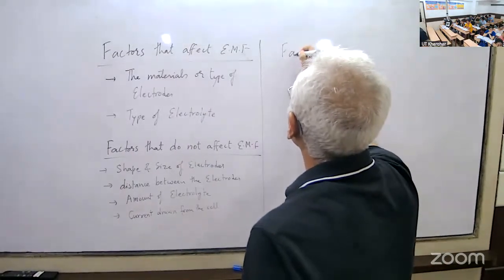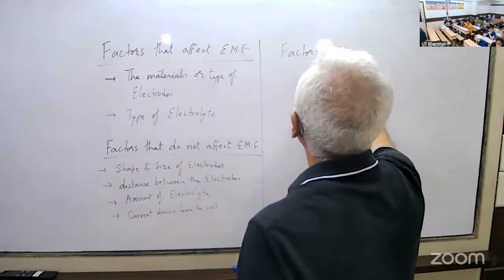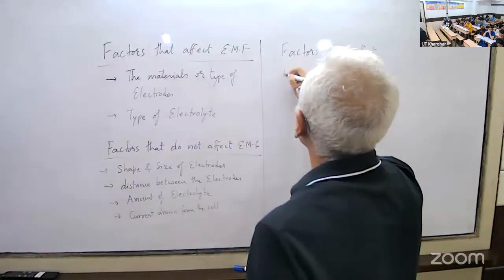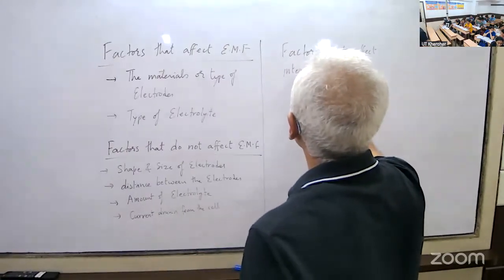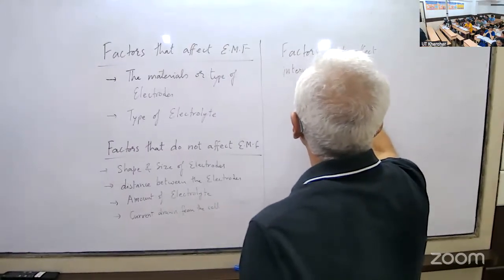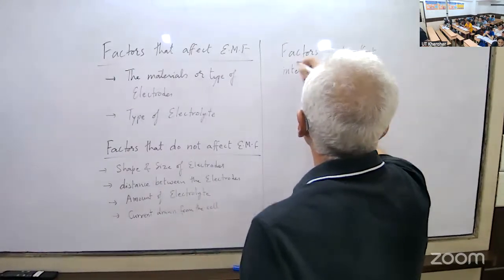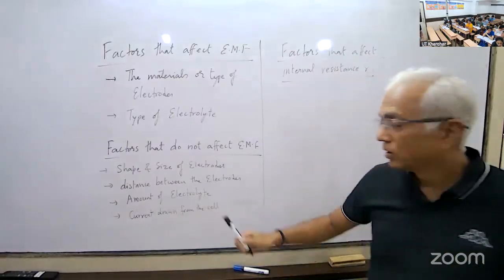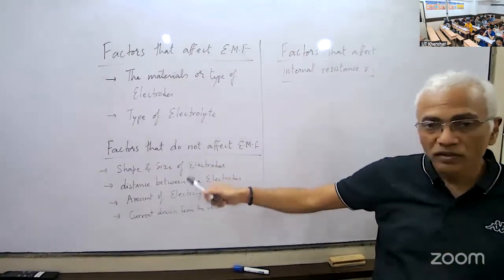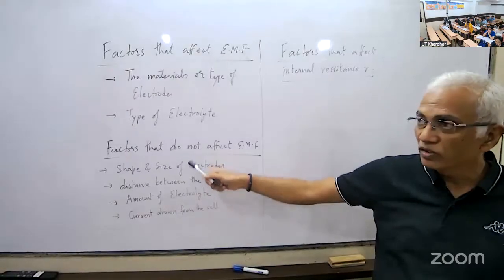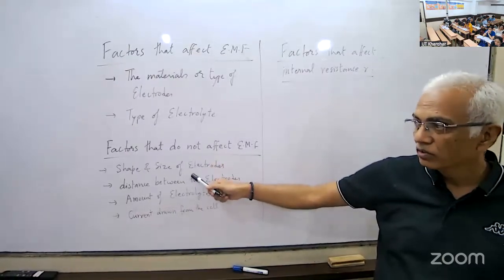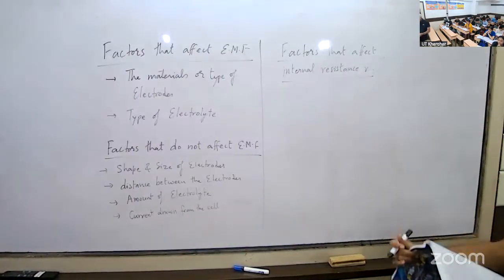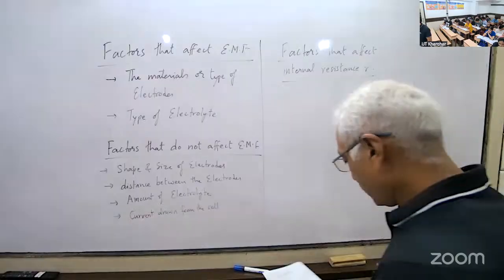Now see, EMF was independent of these two things, but internal resistance depends on them. It depends on the surface area of the electrodes.